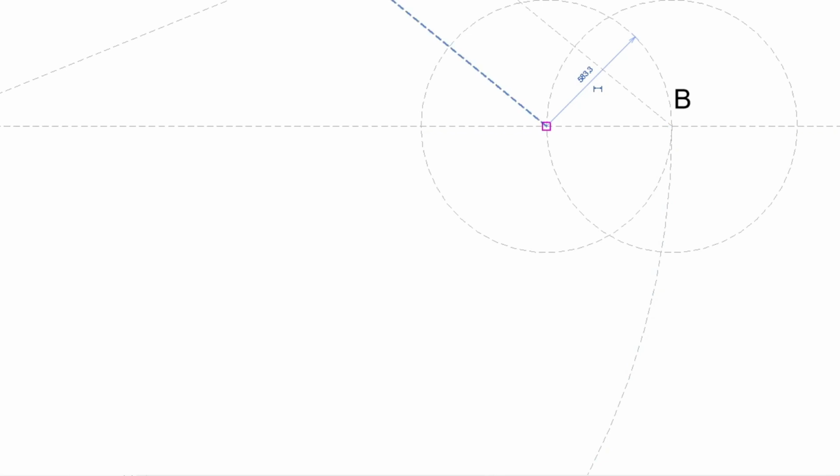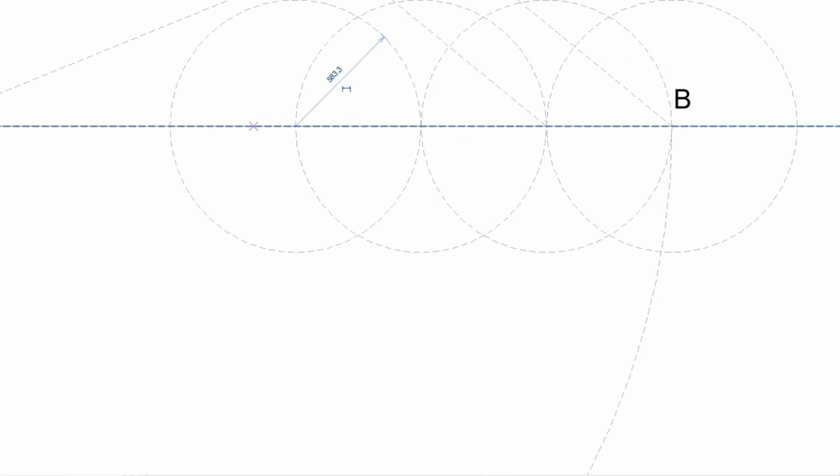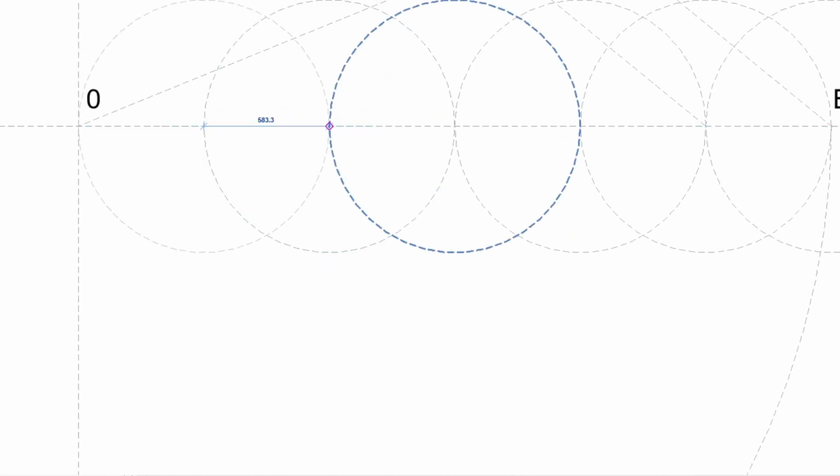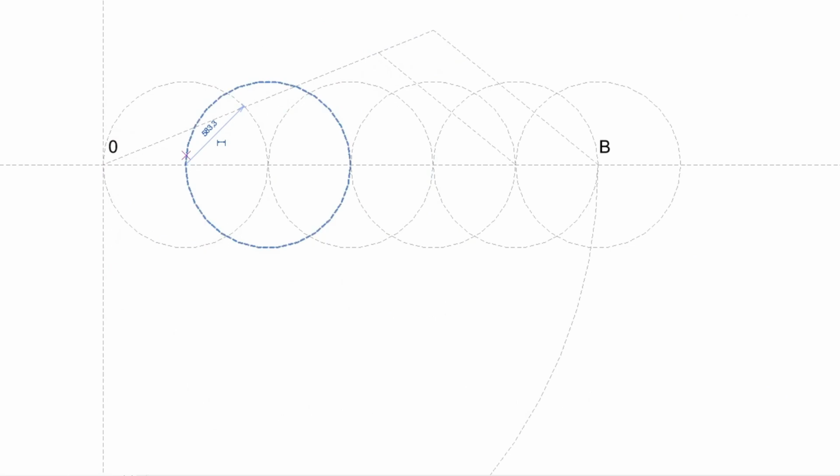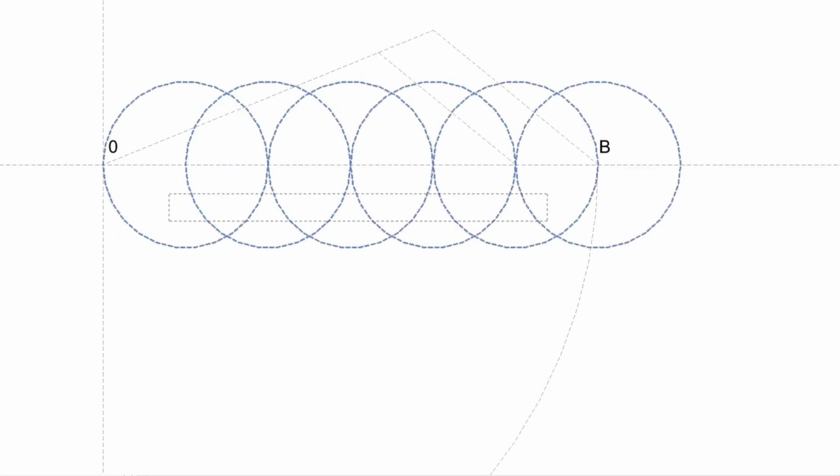Inscribe another circle. Just keep inscribing circles that cross through each other. You can see where this last circle hits tangent with point O. We go 1, 2, 3, 4, 5, 6 equal spaces. So we've done it correctly. Very quick way to check.